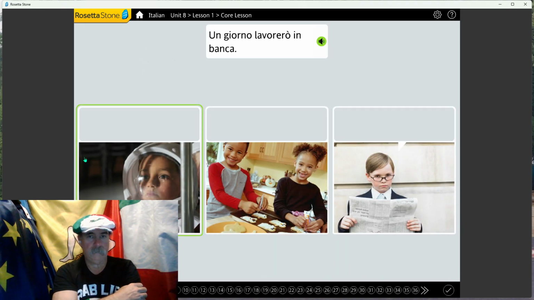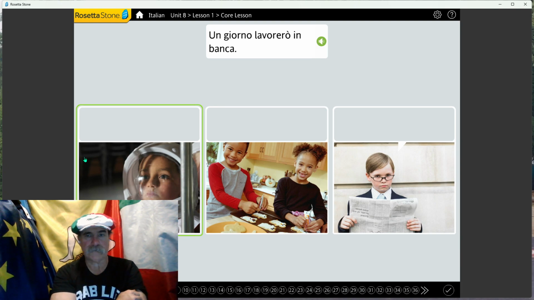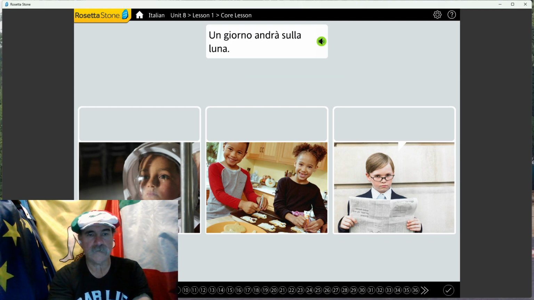Un giorno lavorerò in banca. See, that one screwed me up because it was two futures. They were double futuring me. Un giorno lavorerò in banca. Un giorno andrà sulla luna.